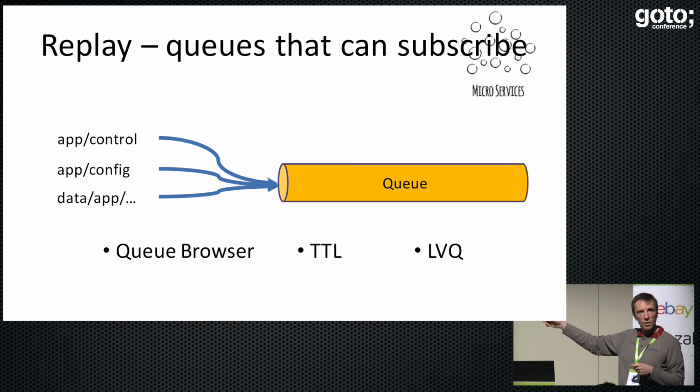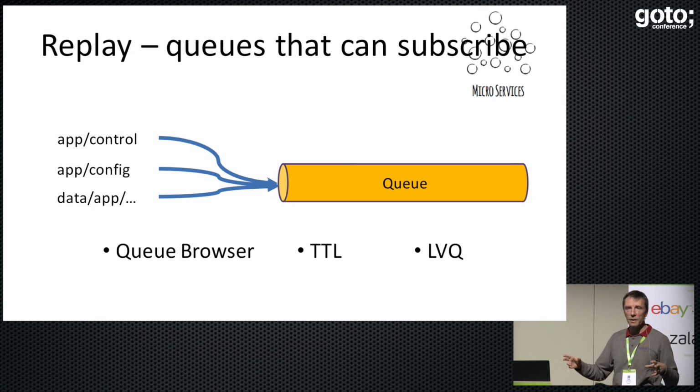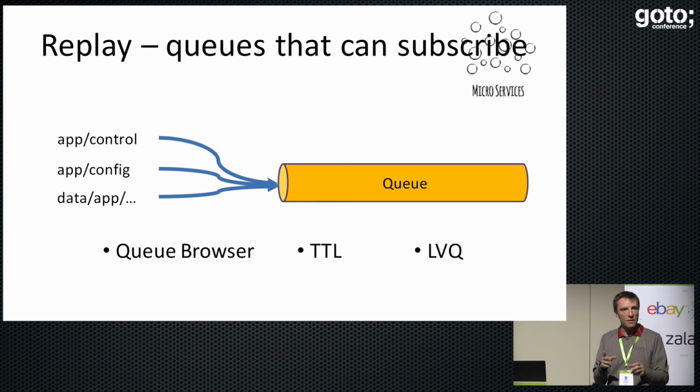There are some other things we can do too. We have this idea of a last value queue, which essentially listens to what you're publishing and stores only the last message that you've published. So when we're bootstrapping, we replay our state of the world, and the last piece of information we need is how far did I get in sending my last message before I crashed? Our LVQ will hold that information for you.